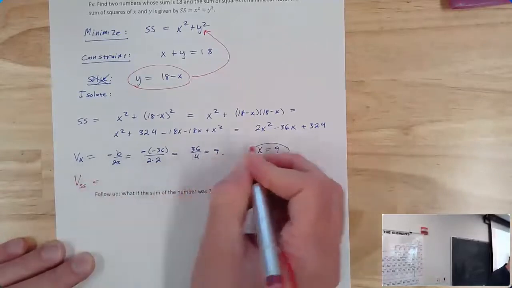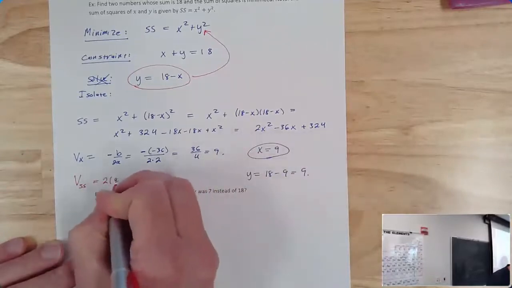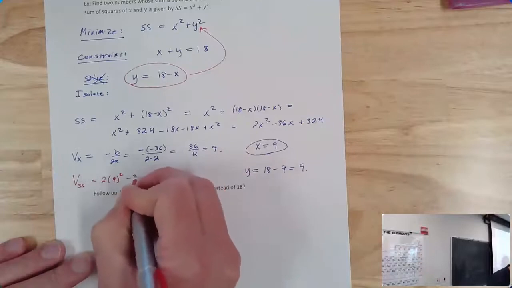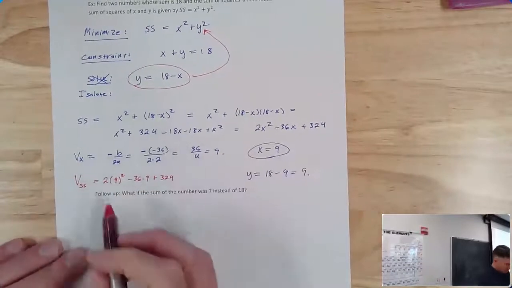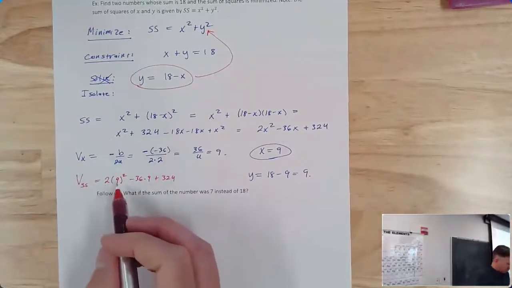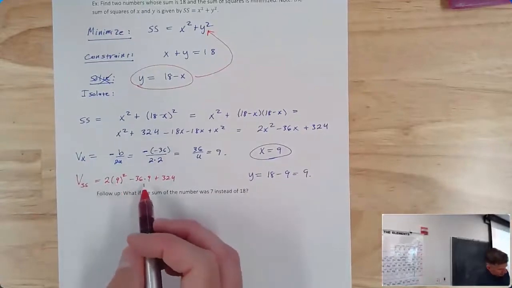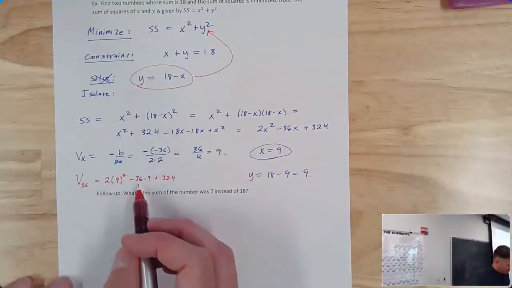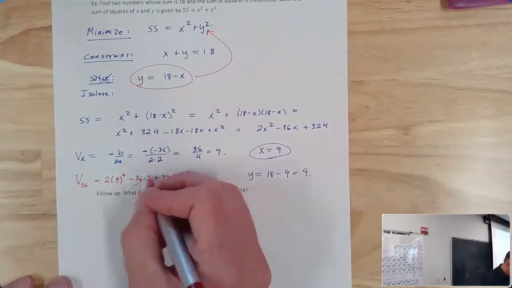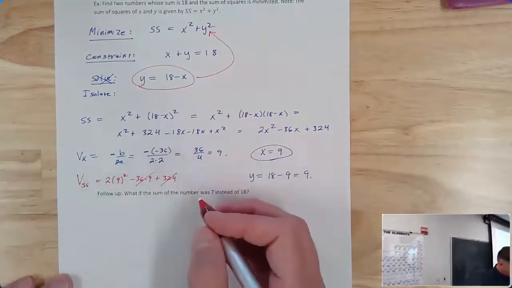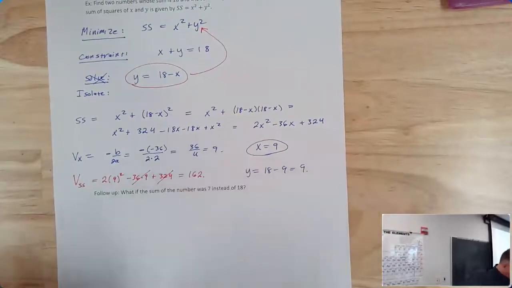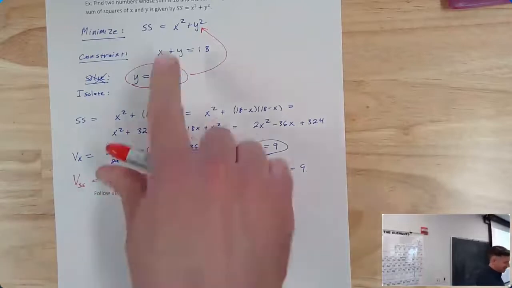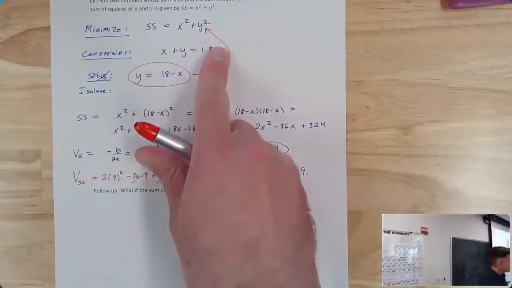If I plug in 9 for X, you're going to get 2 times 9 squared minus 36 times 9 plus 324. That's going to be 2 times 81, which is 162, minus 9 times 36, which is 324. So those cancel out, and you get 2 times 81, which is 162. Which is what you would get if you did 9 squared plus 9 squared.